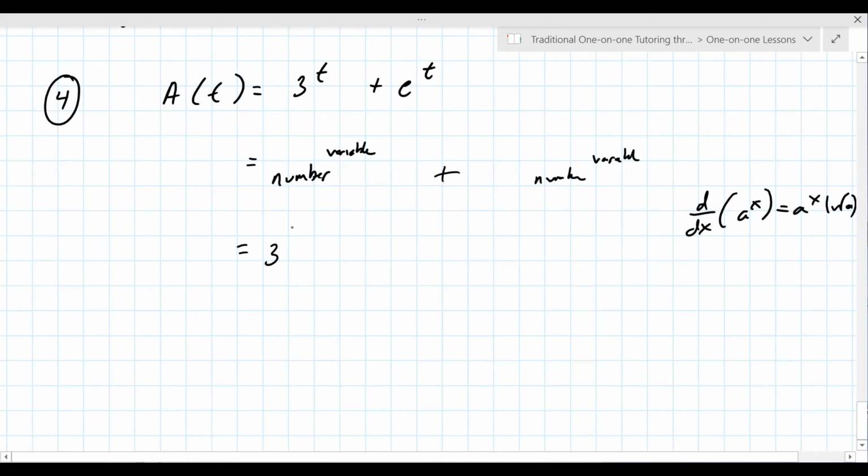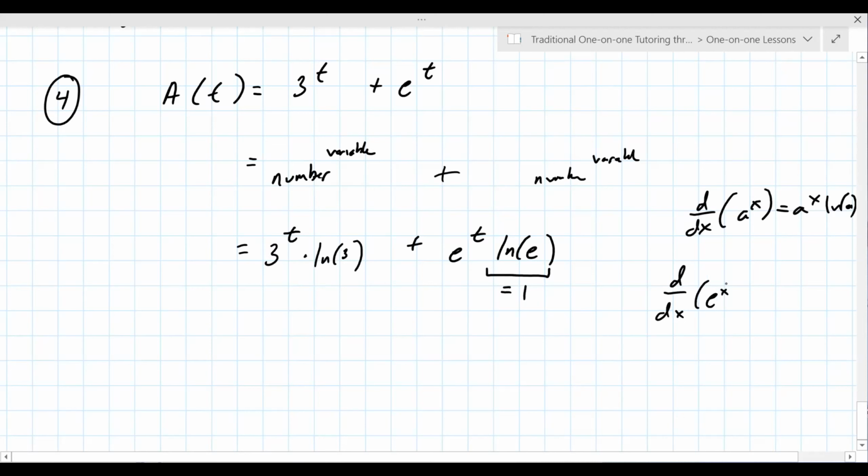So it's what you started with times the natural log of the base, 3 in the first one, natural log of e in the second. The natural log of e is really 1. So oftentimes you see books capture that where the derivative of e to the x is e to the x.